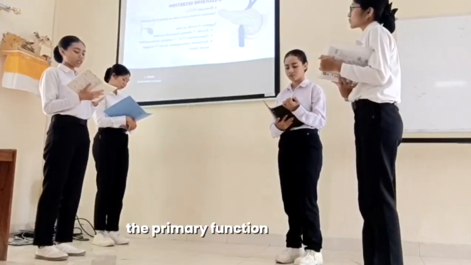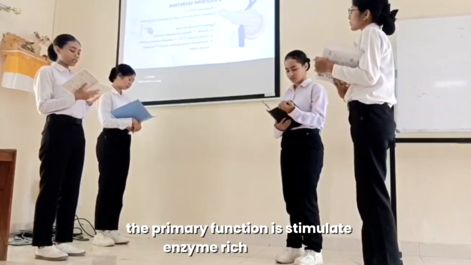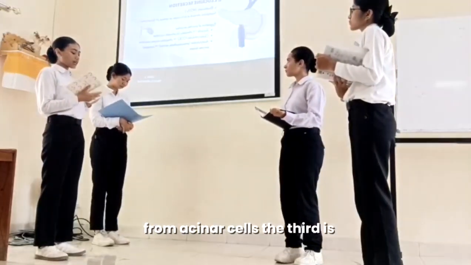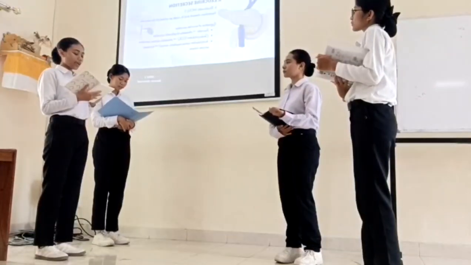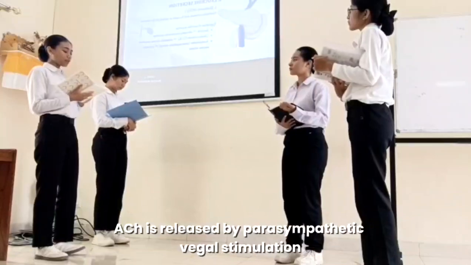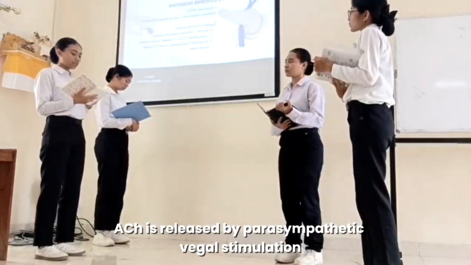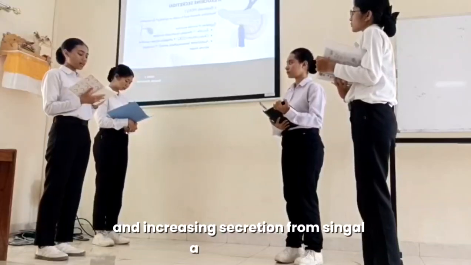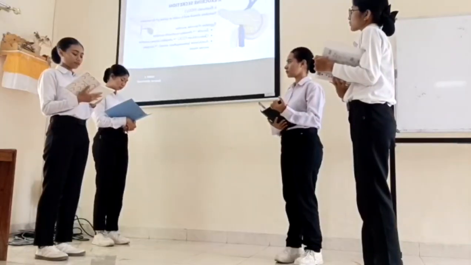Its primary function is to stimulate enzyme secretion from acinar cells. The third is acetylcholine, or ACh, released by parasympathetic vagal stimulation, and it increases secretion from both acinar and ductal cells.